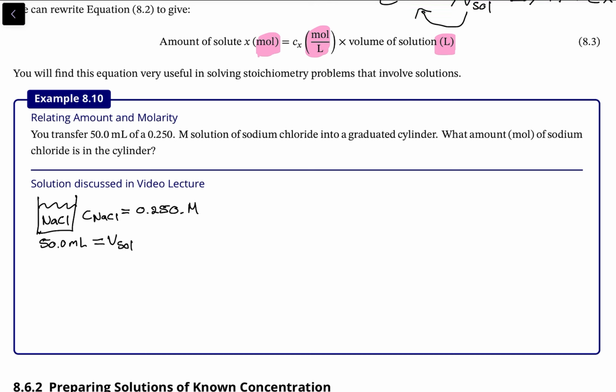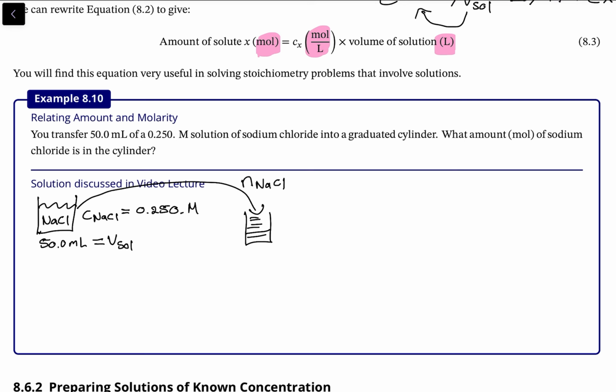And now you want to know how many moles are transferred into this graduated cylinder. A graduated cylinder is the thing with the lines. The question is how many moles of sodium chloride are transferred here.